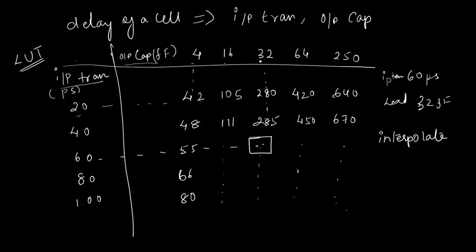So if the load is between 16 and 32, and if the tran is between 60 and 80, then we need to interpolate and the tool will calculate the value of the delay. So this is how the delay calculation of a cell happens during timing analysis using the lookup tables in the libraries.